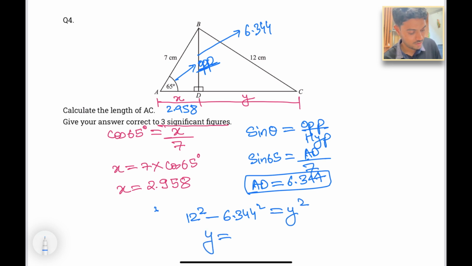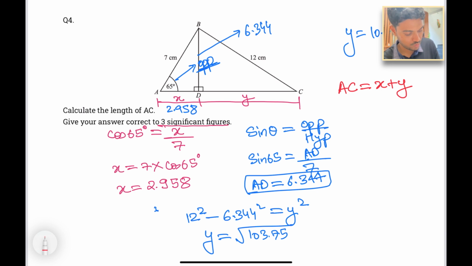So y will be under root of 12 square minus 6.344 square, which is 103.75. So the value of y is under root of that answer, which is 10.185.